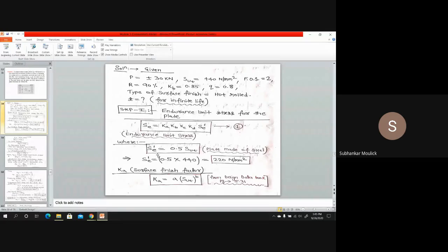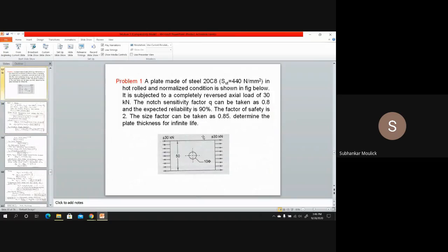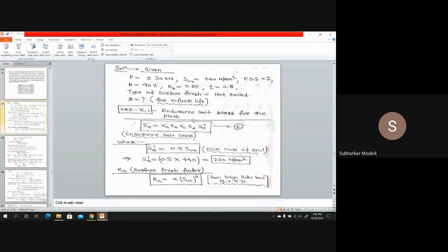But before this, you have to write this Se dash is equal to 0.5 times of SUT. How did it come? You have to write in bracket that since in the problem the material of the component is steel, then from design data book page number so and so, you can check the page number right over here. Then from design data book page number say 5.5, since the material of the component is steel, the equation of Se dash is 0.5 times of SUT.